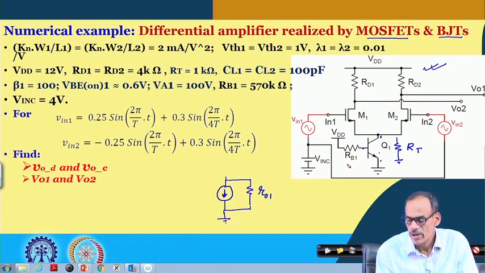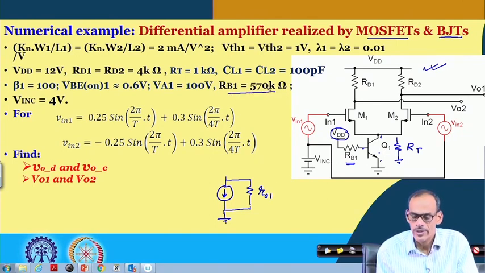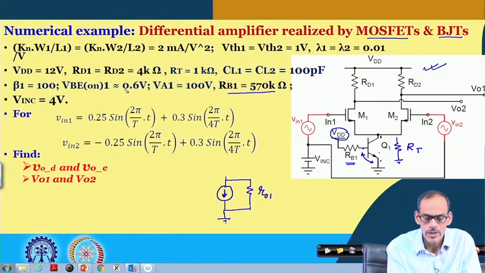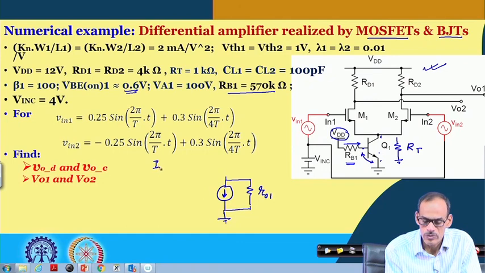At the base we have RB1 connected to the 12 volt supply, and its value is given as 570 K, and if I consider VB equals 0.6, then from that we can get IB1 equals 12 volt minus 0.6 divided by RB, that is 570 K.